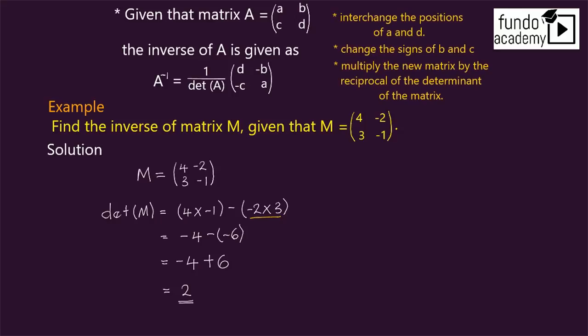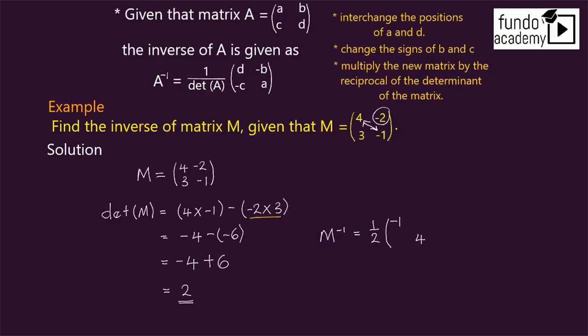And for the inverse, we take the reciprocal of 2, so that is 1 over 2, and we multiply that with the transformed matrix M, where we have -1 and 4 interchanging positions, so we have -1 and 4 there.